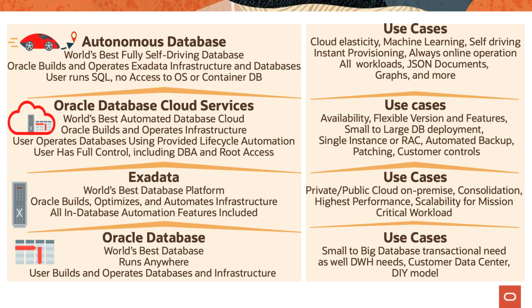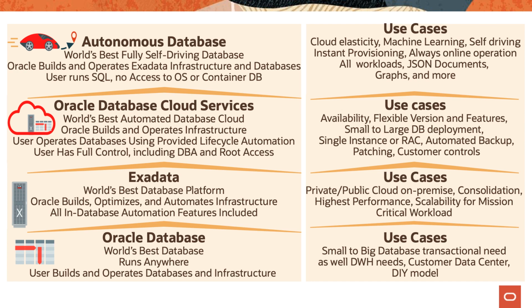This is pretty useful for customers who want the elasticity of the cloud, customers with workloads for machine learning, and customers who do not want to spend too much time tuning the code and have use cases for instant provisioning. Basically, this supports all kinds of workloads with support for JSON documents, graphs, and more.